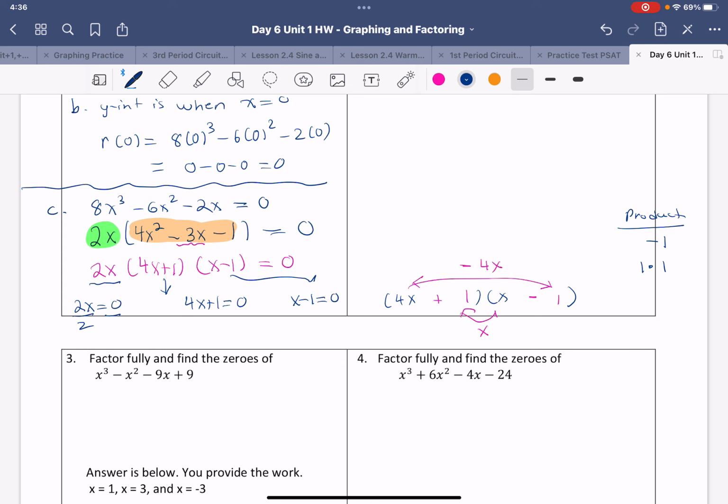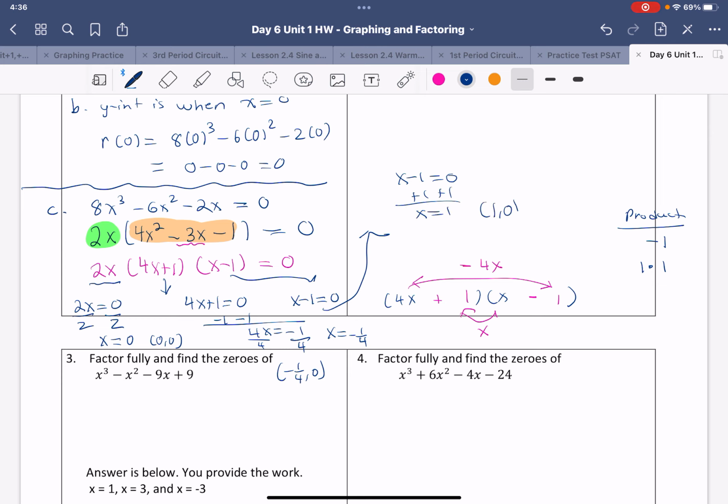So if I divide this by 2, x equals 0. So that's 0, 0. Subtract 1. Uh-oh. We're getting a fraction, which a lot of people dislike. And then this one right here. Sorry, I'm all over the place.